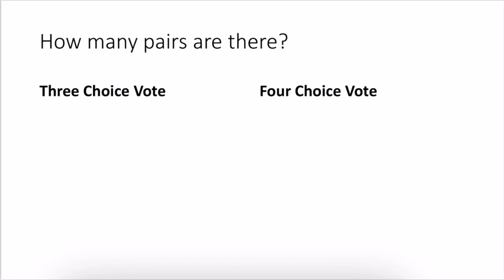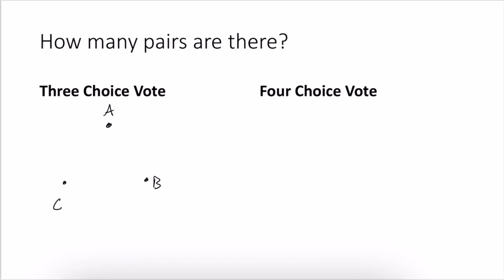So if you were looking for the number of possible pairs in a 3-choice vote, with options A, B, and C, this would be like that first example we did with Don, Key, and L. The pairs could be represented by edges between these vertices.